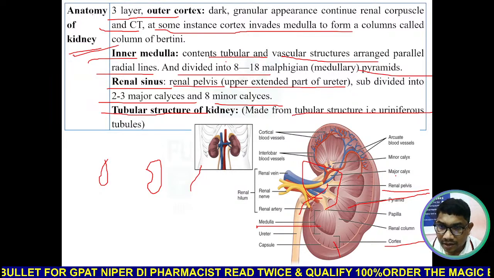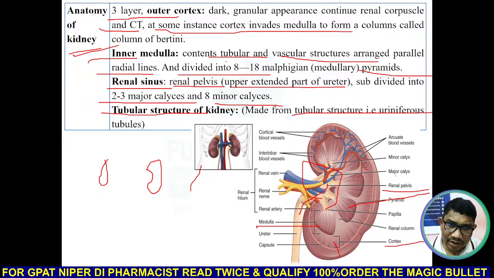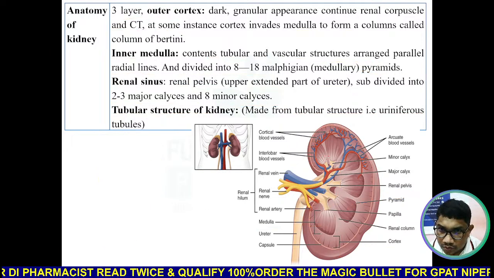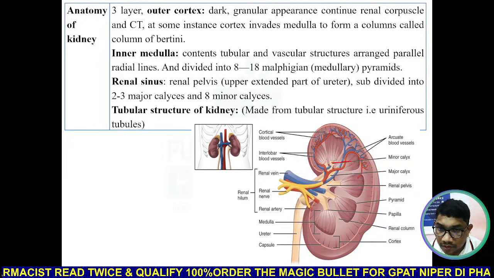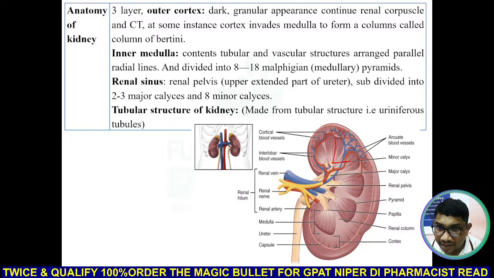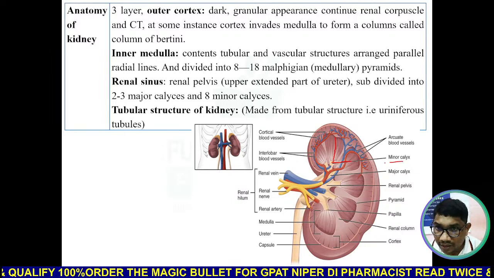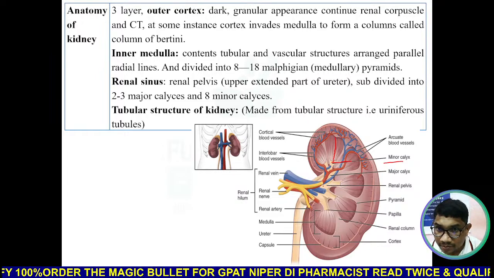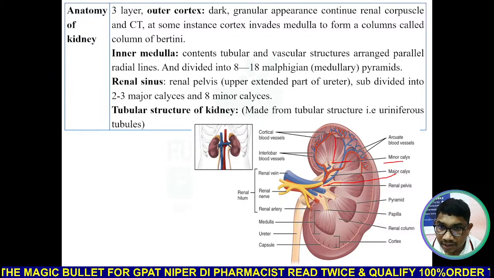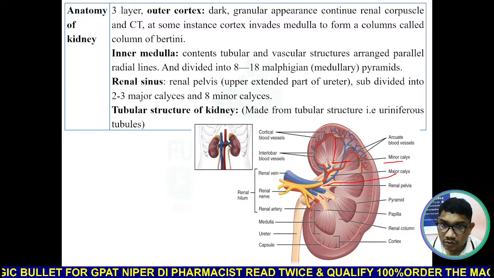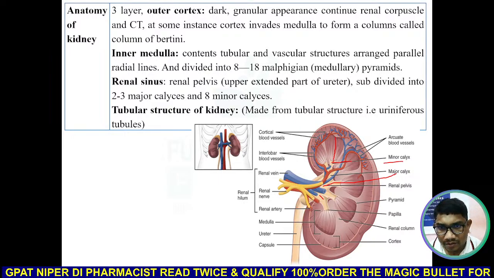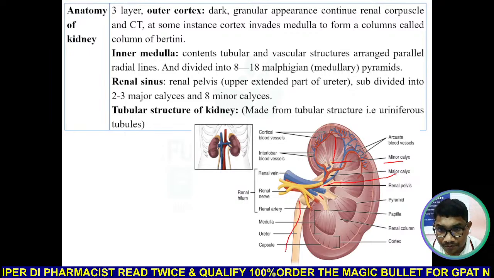Major calyces मतलब क्या? बड़ा वाला. देखो, this one is minor calyces. जो यूरिन फॉर्मेशन होगा यहाँ से और कलेक्ट होगा यहाँ पे, ये minor calyces will unite to form major calyces. This one is the major calyces. This is also one major calyces, that will collect the urine which is formed by your nephron and send it to your ureter. This one is ureter.